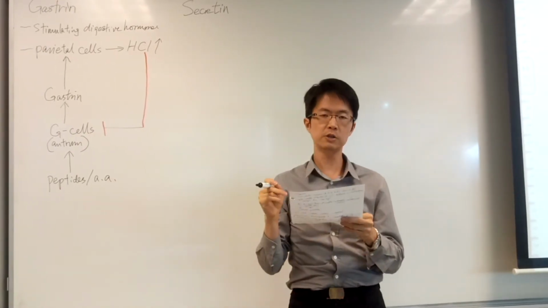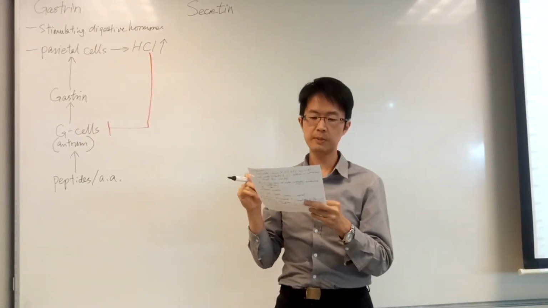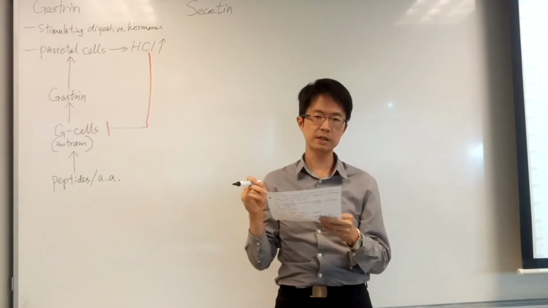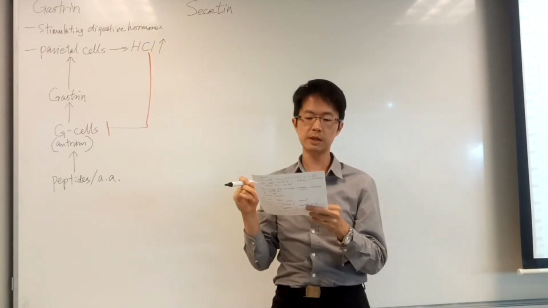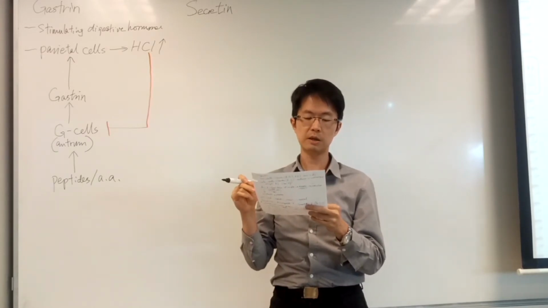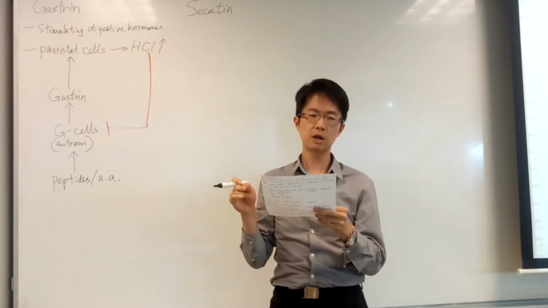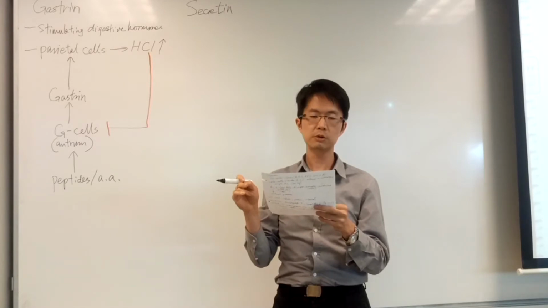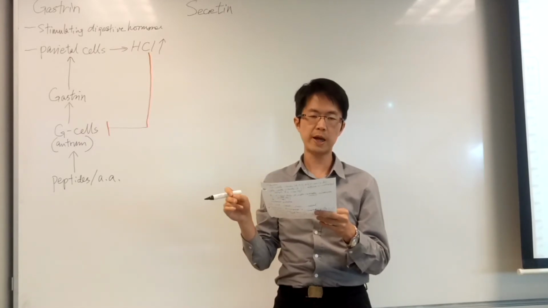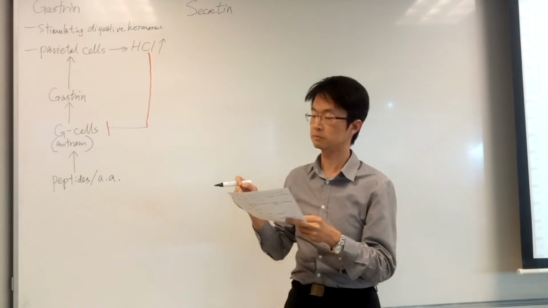It has two functions. It can inhibit the secretion of acid, and also it can inhibit the emptying of the stomach. And another function is to increase the secretion of pancreatic bicarbonate.